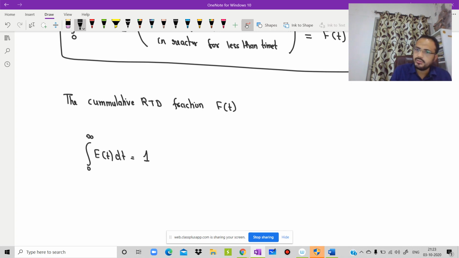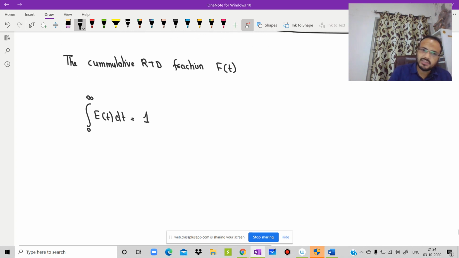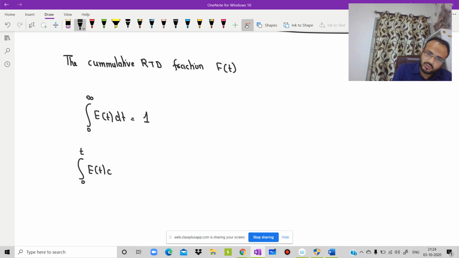You know we have this value as 1. From mathematics, you can write integral from 0 to t of E of t into dt plus integral from t to infinity of E of t dt is equal to 1.